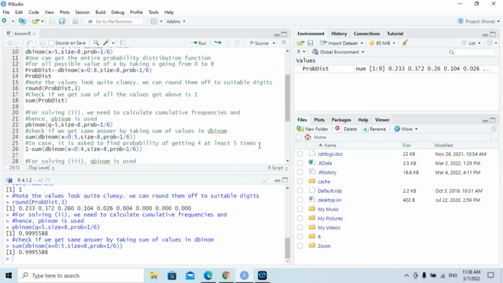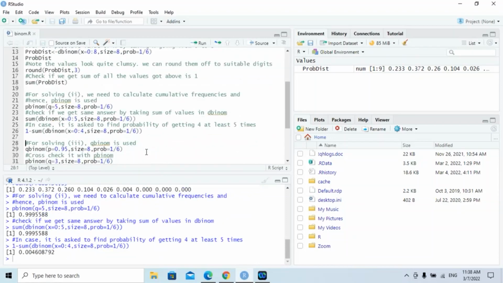So let me write that. I have done it with the help of d binom, summation and everything. So let us run this. And we got the answer to be 0.04, and I can actually get this with the help of p binom function as well. So let me write that. So that is 1 minus p binom, where q is equal to 4 now, because I want the success to be at least 5 times.